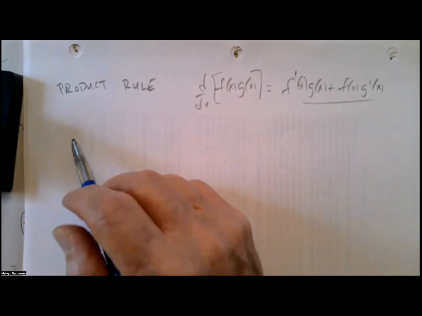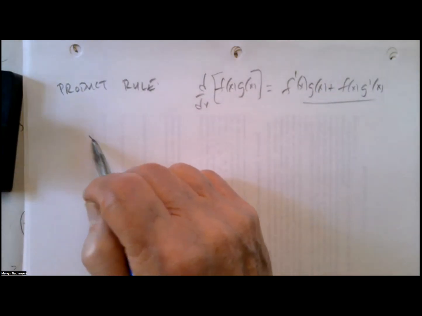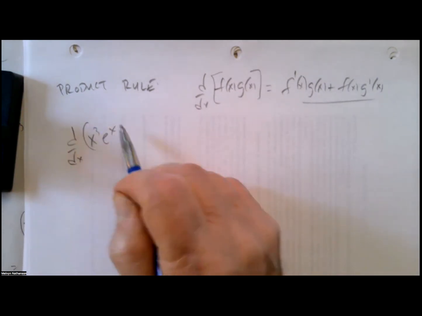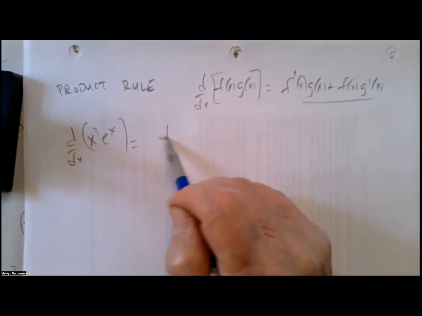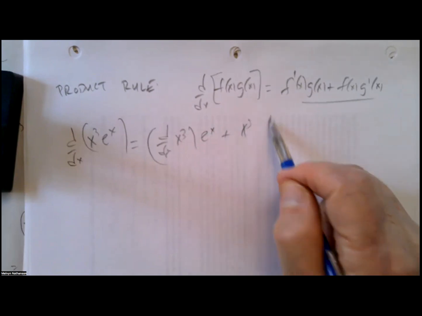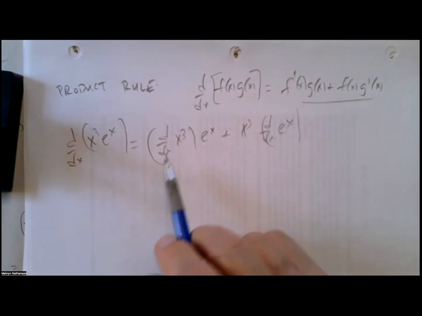So for example, if you have x cubed e to the x, and you want to differentiate that, that's the derivative of the first factor times the second, plus the first factor times the derivative of the second.